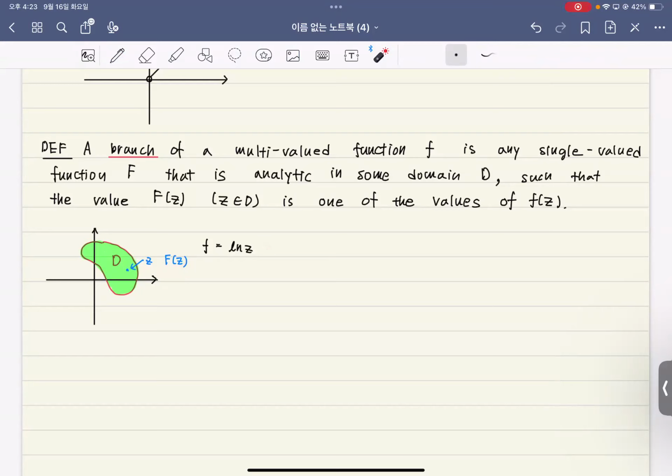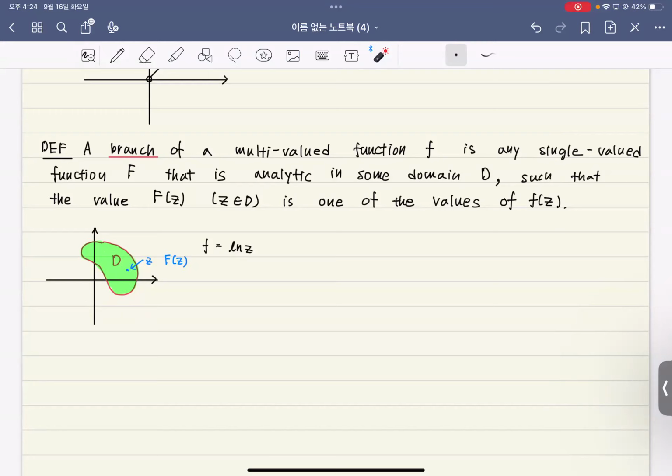Once I have chosen this function value f of z, it will automatically determine the function values at all the other points of this domain D. Why? Because once I choose the function value at this point, and my function large f is continuous and analytic, that actually forces the function values at the other points of this domain, right? So this is one example of a branch of the natural log. This is a very nice example of such a branch.